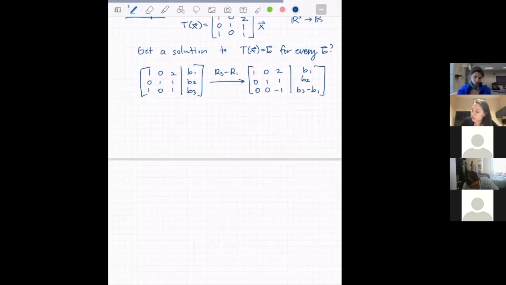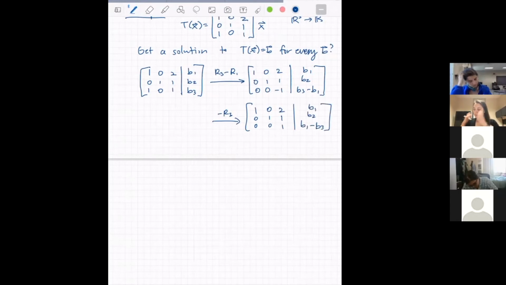And then this is almost in row echelon form, right? In fact, we don't need leading ones, do we? So I guess it is already in row echelon form, but let's just multiply R3 by -1 to get leading ones all the way across. So we would get b1 minus b3 here, and then b2, b1, right?